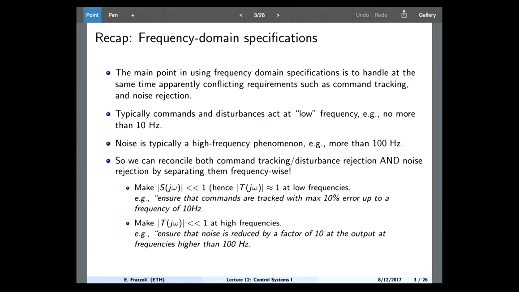Before we get into that, I just want to recap some of the things that we said 2 weeks ago. Grown-ups, people who are no longer amateurs in control design, typically like to work with frequency domain specifications, because these allow you to separate things.